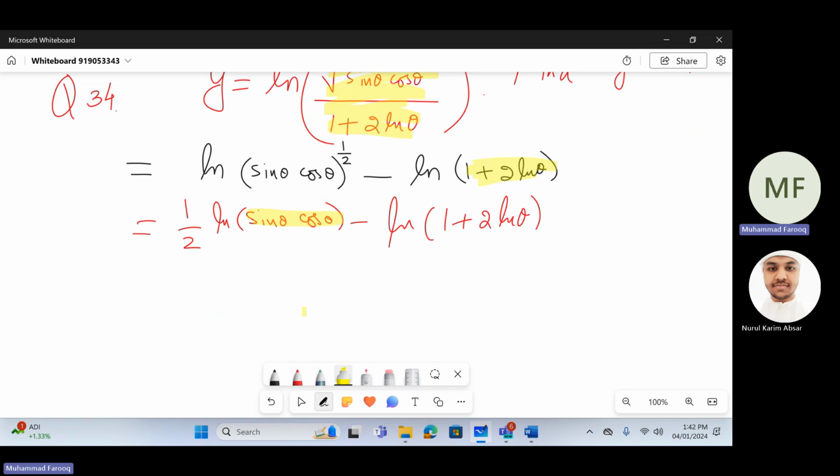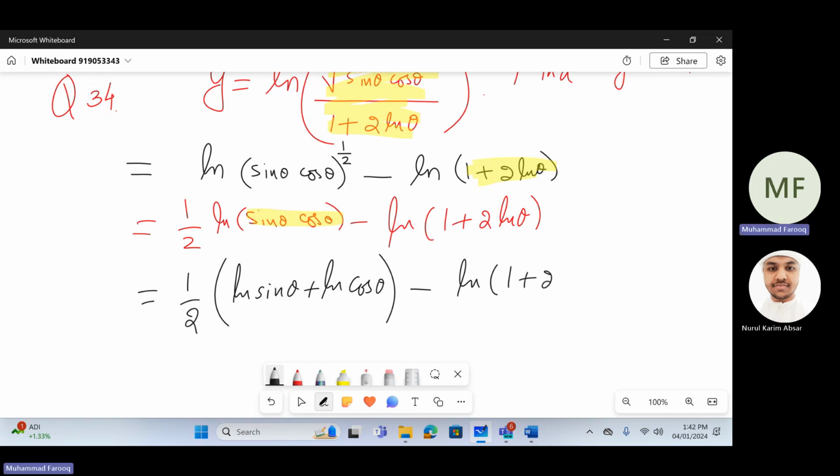So now you have ln sine theta plus ln cosine theta. We just use the product property, a product changes into addition, please. And this one as it is, minus ln with the argument 1 plus 2 ln theta.